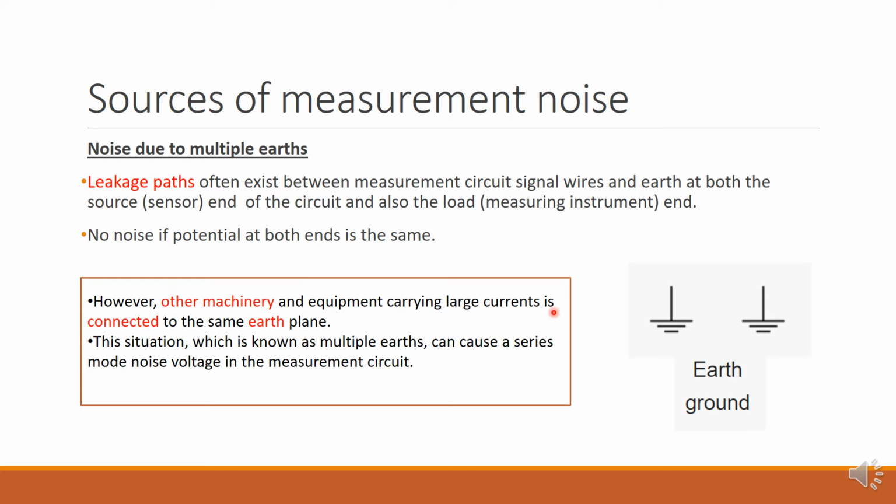This can cause the potentials to differ between different points on the earth plane. So this situation, which is known as multiple earth, can cause a series mode noise voltage in your measurement circuit. Okay, understand?